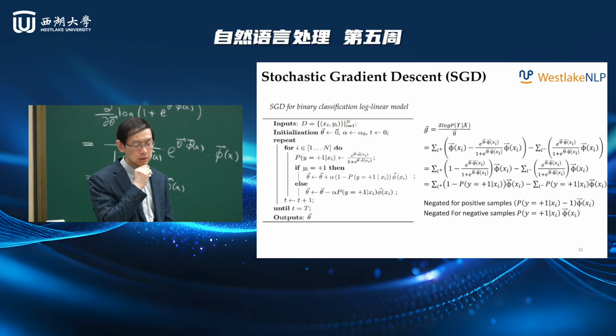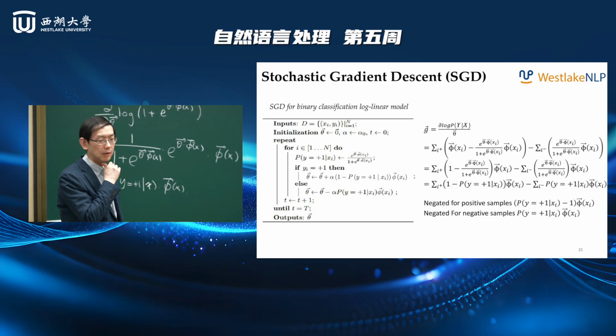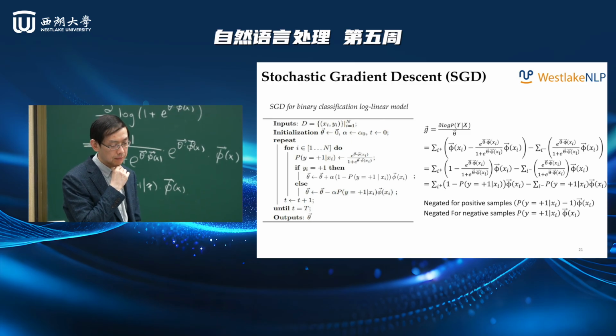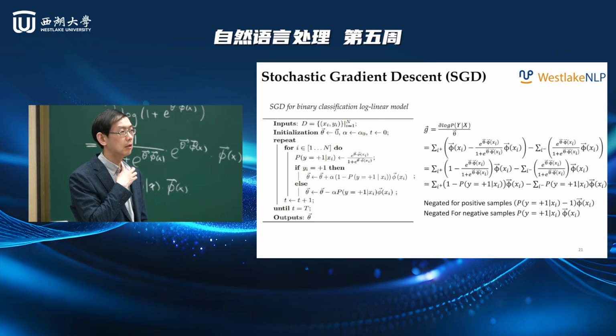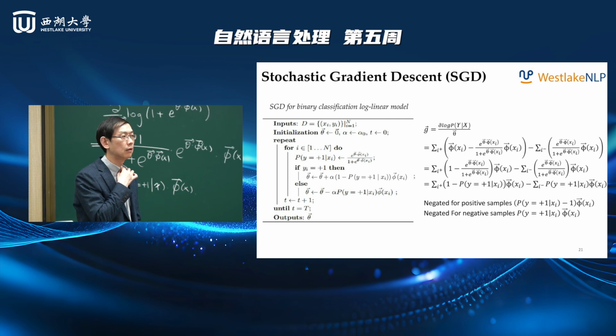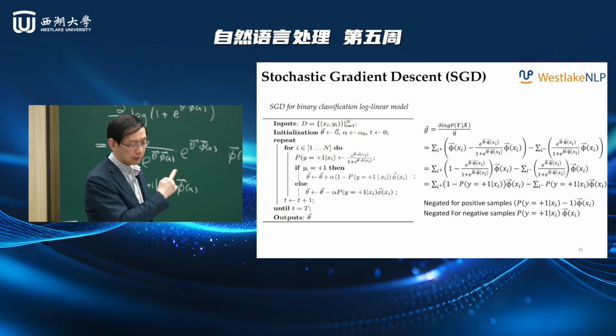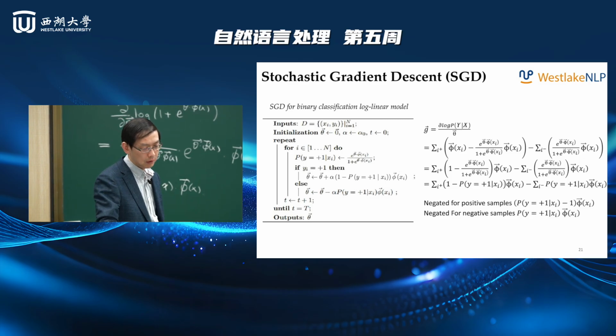For negative instances, the gradient is P(y equals plus 1) times phi x. So when we plug this into SGD, you get the algorithm on the left.